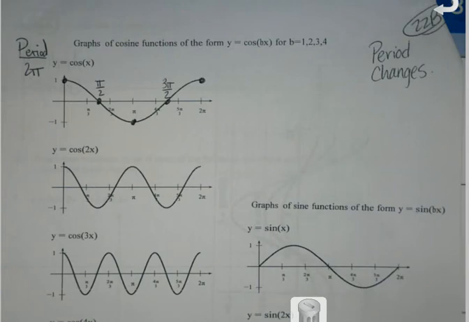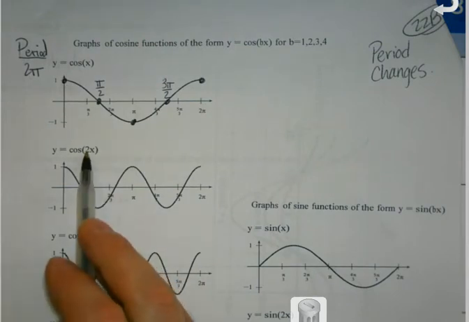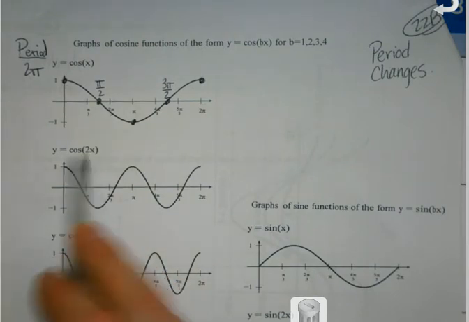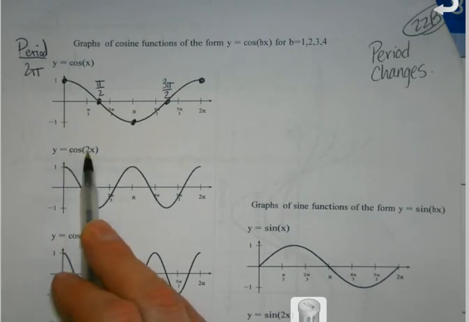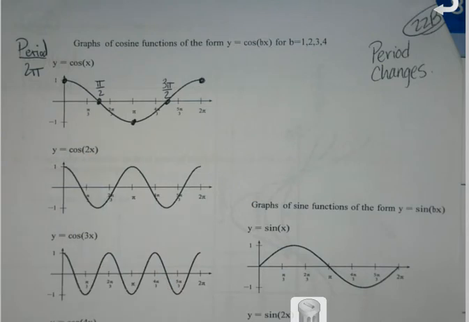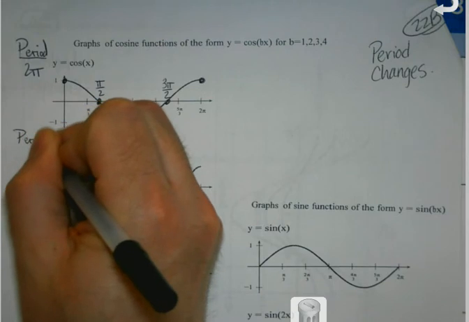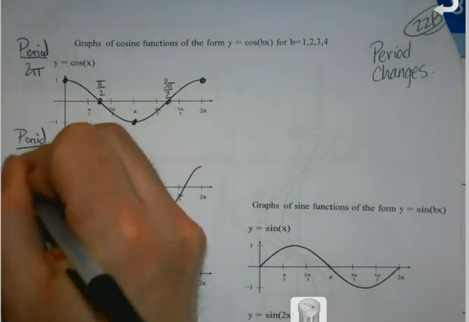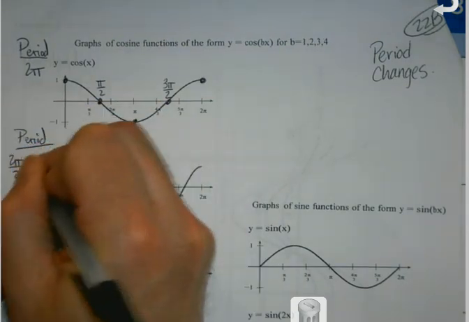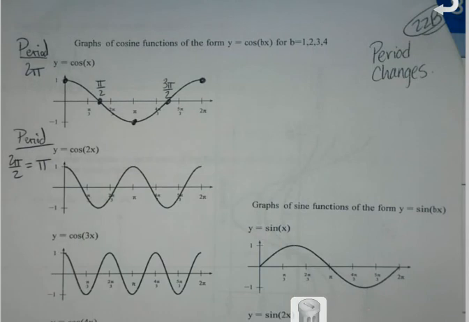However, if I stick a coefficient in front of the x term, so notice it's not out here where my amplitude would be, it's here where the period would lie. We're going to divide the period by this number, and that's going to make my new period. So for instance here, my period is going to be 2 pi divided by 2, or pi.